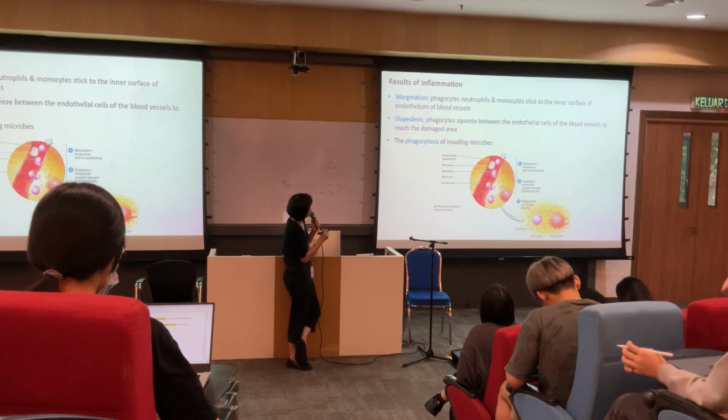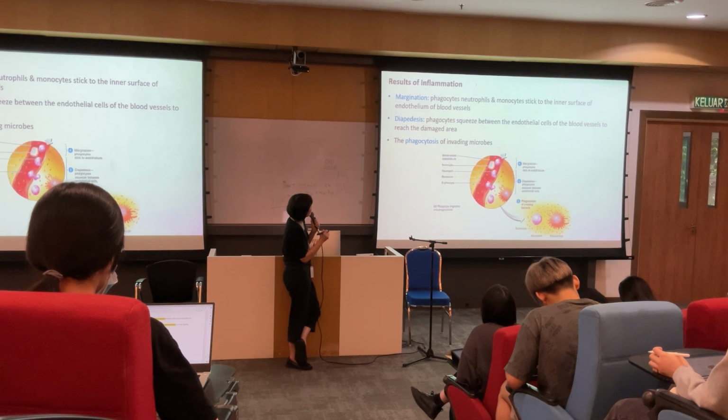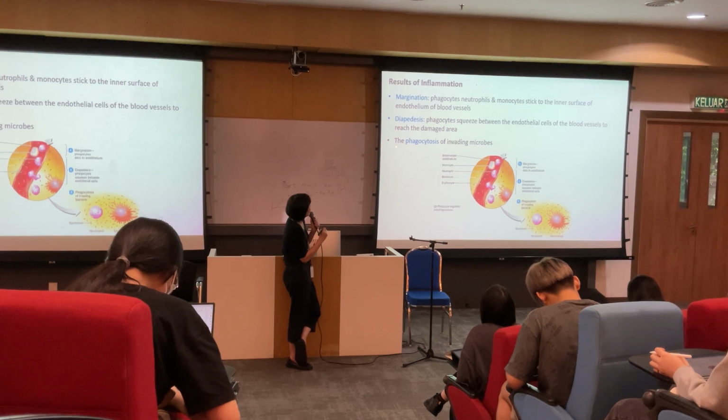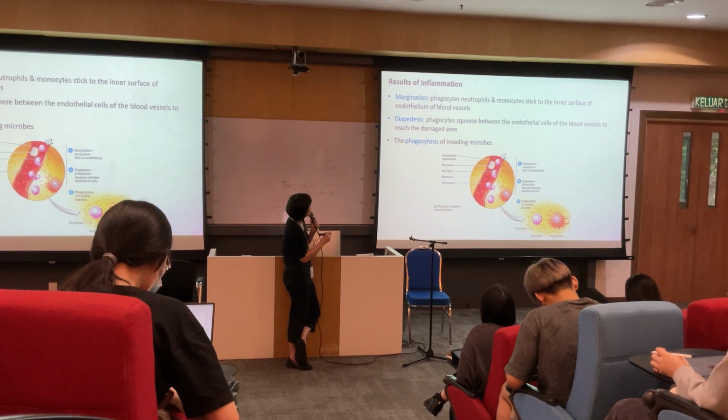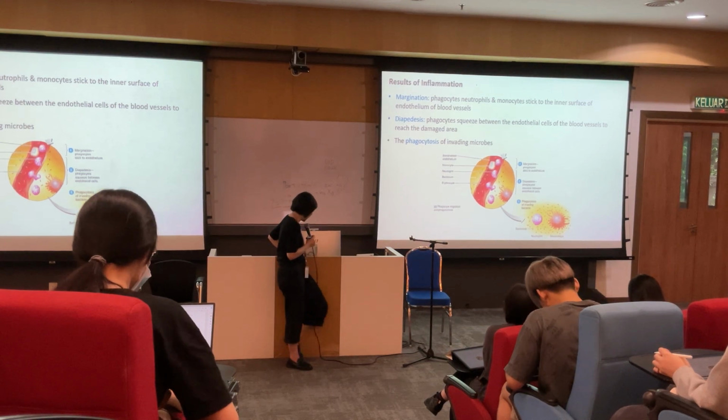That happens. And also the diapedesis, as they are squeezing between the endothelium, they are trying to squeeze out. It's a result of inflammation and because of the vasodilation. And phagocytosis also happens, because you need the phagocytosis to clear the pathogens at the injury site. All right, so those are the results of inflammation.